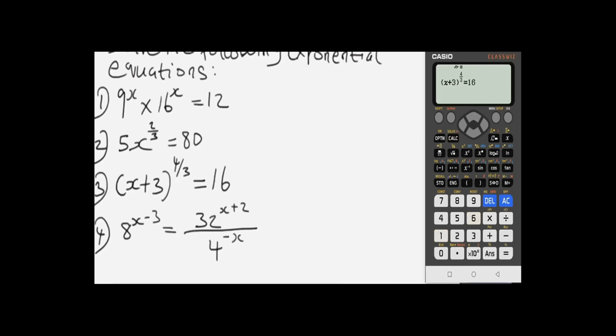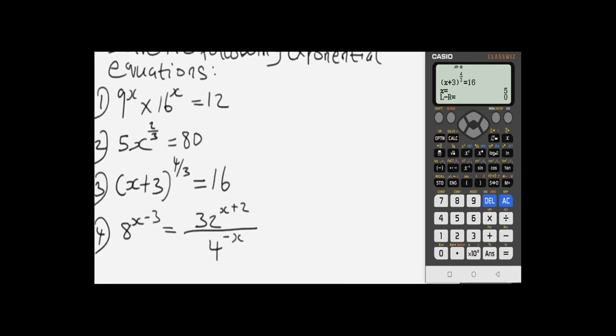So that's it. Solve this now, press shift and this calc button, assign x to be 0. Press equal to again. So x equals 5. It's as simple as this.